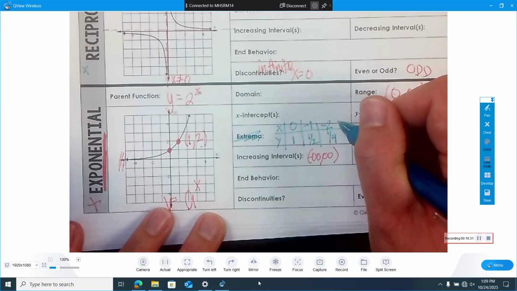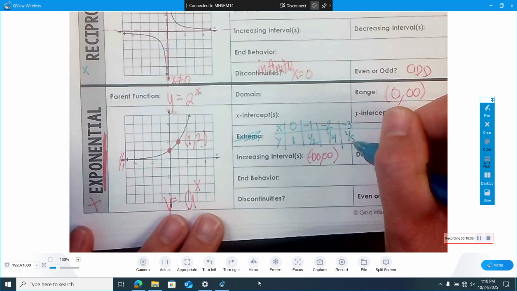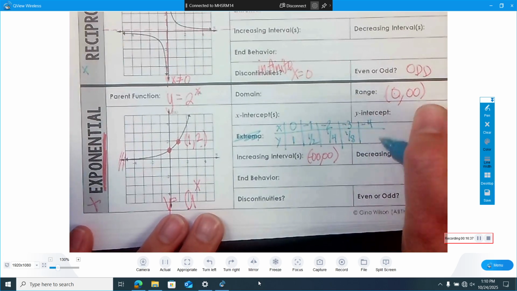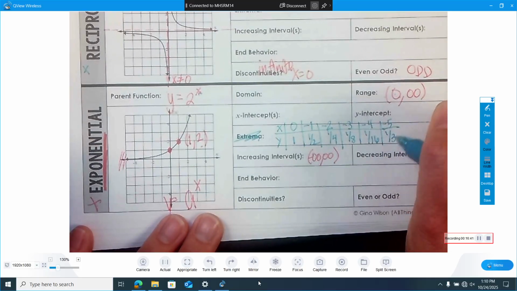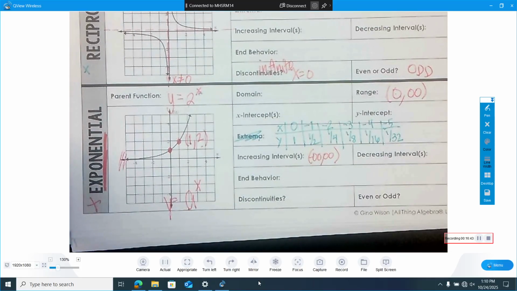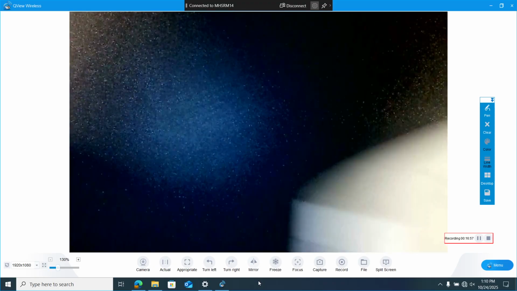And if it was negative 3, it'd be 1/8, negative 4, it'd be 1/16, and negative 5, it'd be 1/32. So we are getting smaller and smaller fractions, and we can do that forever. So it gets infinitely close to 0, and that's all that it's doing.